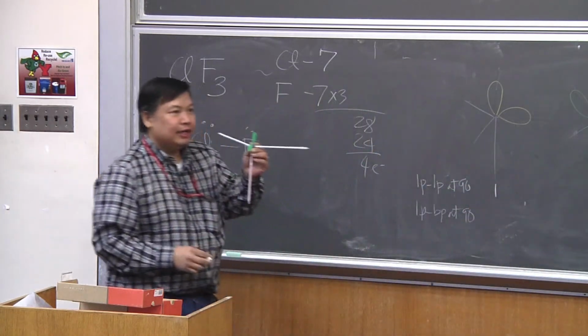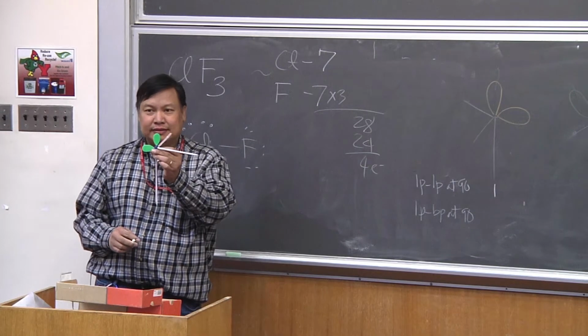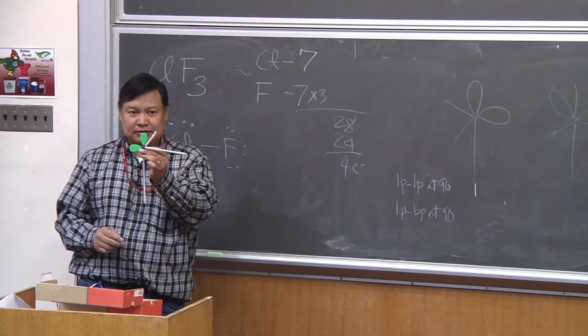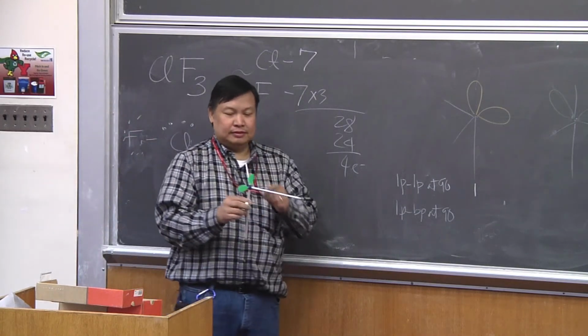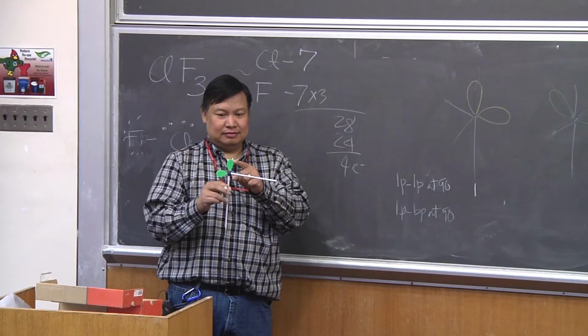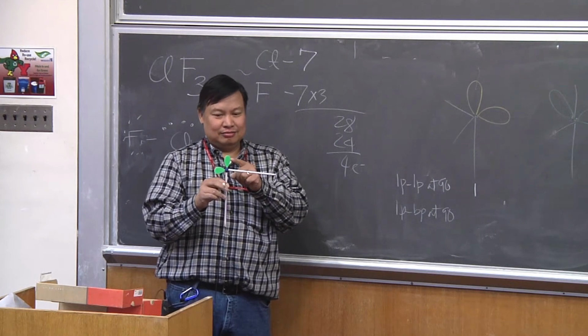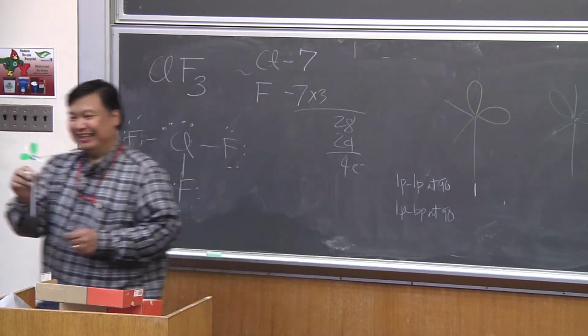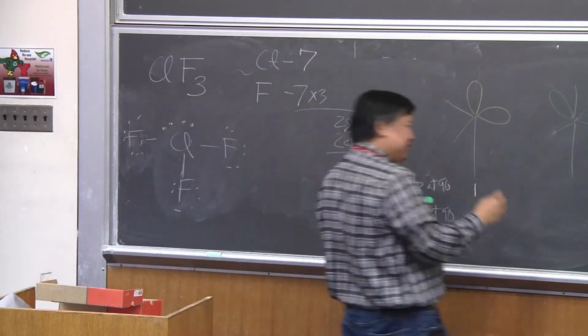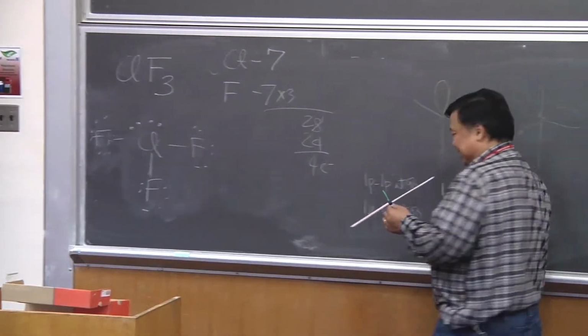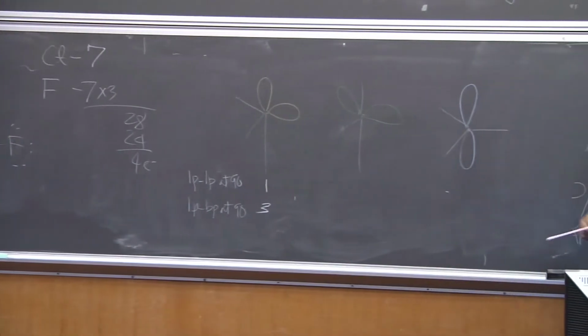How many lone pair, bond pair at 90 degrees? So this one, all together, I got 1, 2, 3. Yeah? But some people said 2, 5, yeah. I wasn't saying you're wrong. All right? How about the other one?